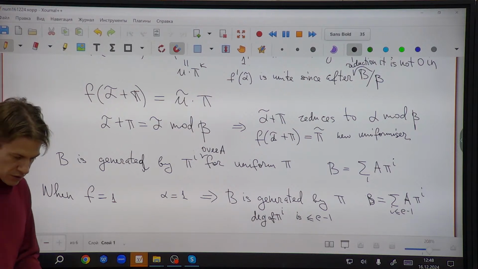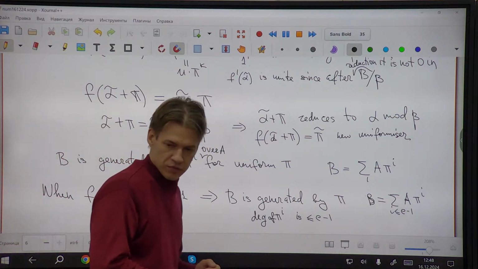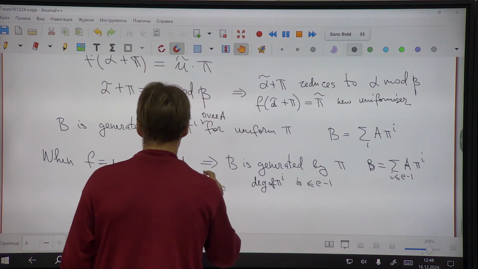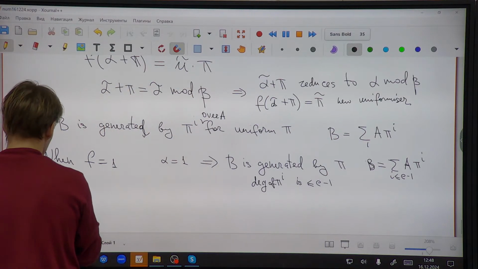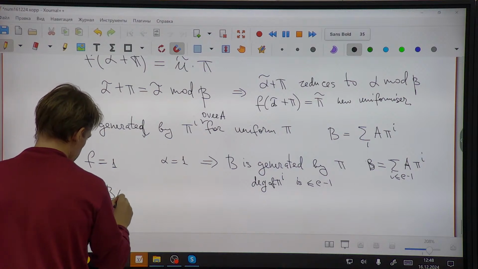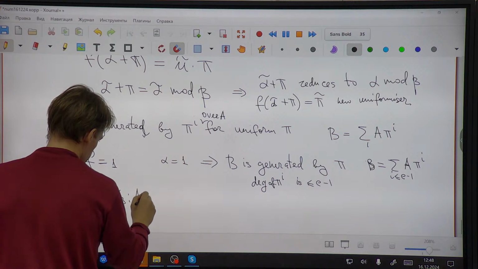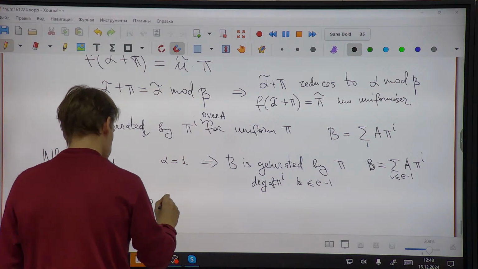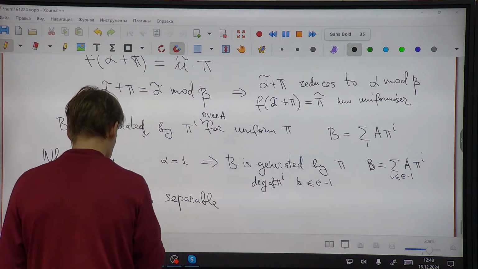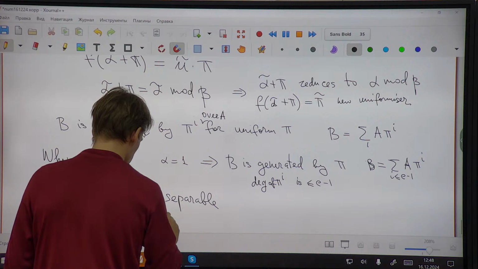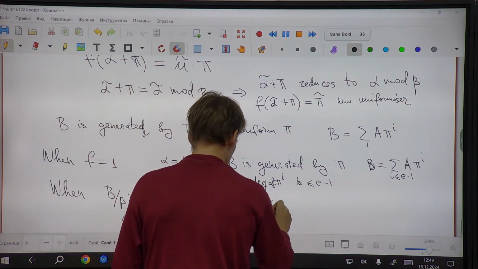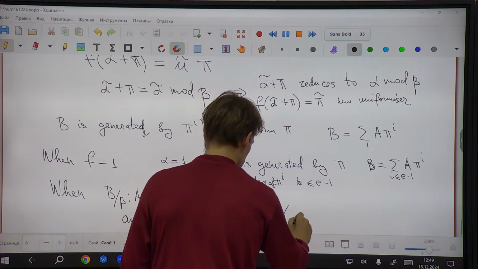And the claim is that if you take an unramified extension, then the different is trivial. So the claim is: when B over A, reduced mod beta, is separable and e is equal to 1, this means that D of B over A is the trivial ideal.